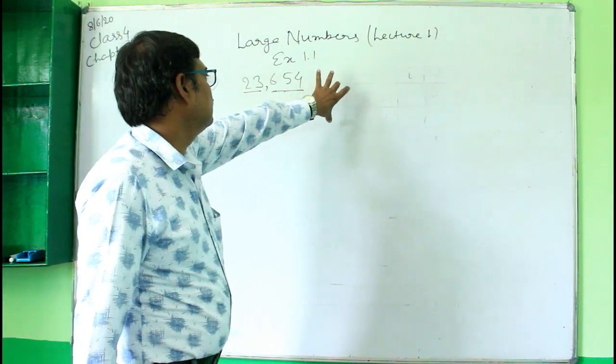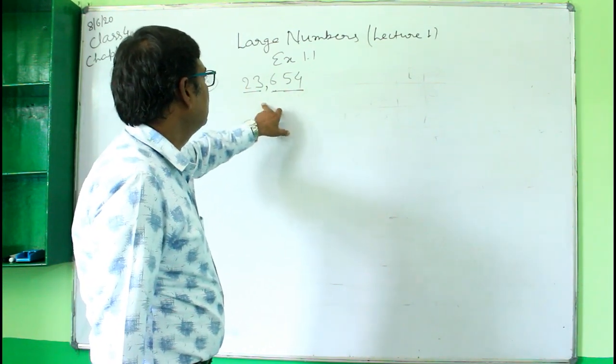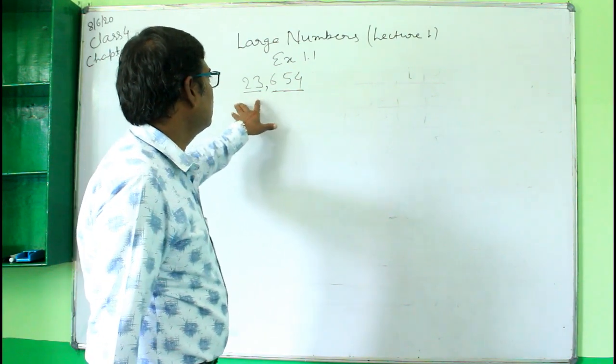Always move from the right side. The first period will be before 3 digits and then after 2 digits here. So this is only a 5-digit number.